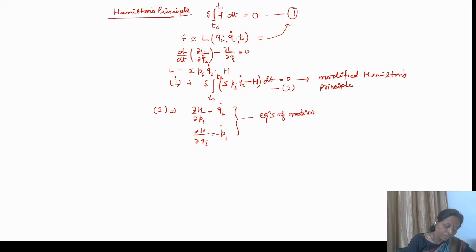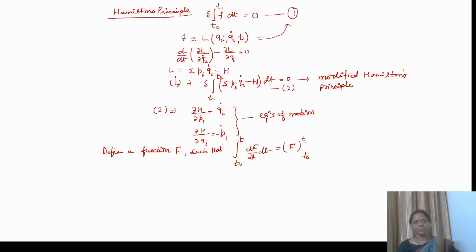So, before that, I am defining a function. Define a function capital F in such a way that dF/dt is defined for t0 to t1. Then naturally it will be F for the limits t0 to t1.